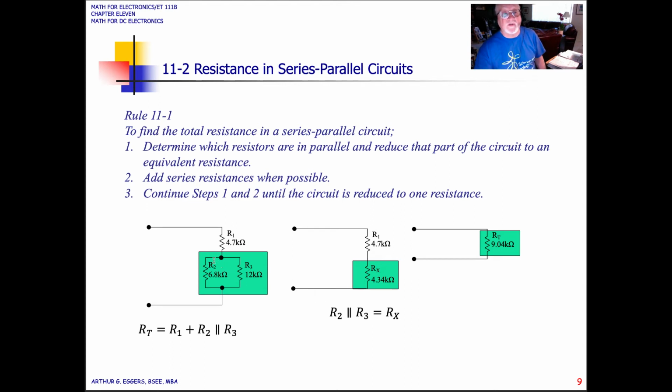Okay, so in the first step, what's in the green box is our first step of combining the two resistances together as conductances, and then adding them in the second step to R1 to give us our total.